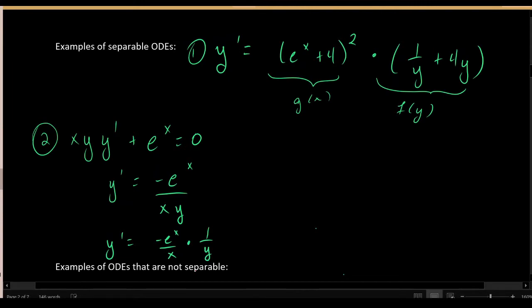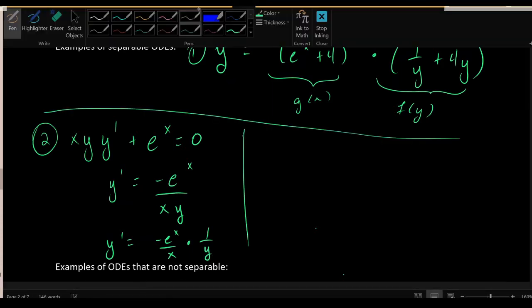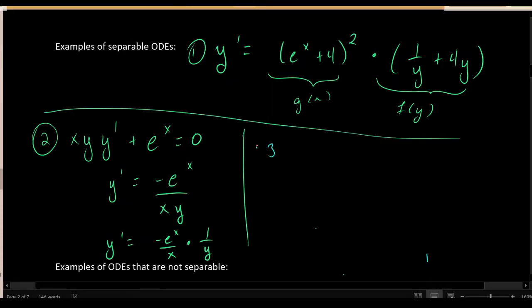So this is separable because it can be expressed as a function containing x's only multiplied by a function of y alone. In addition, if you have something like y prime equals an expression containing only y's, maybe y squared minus 8, this would be separable.